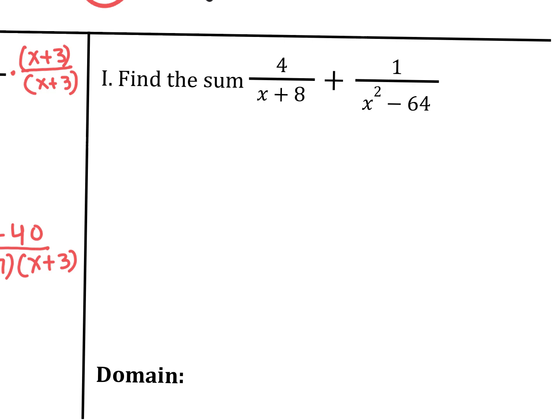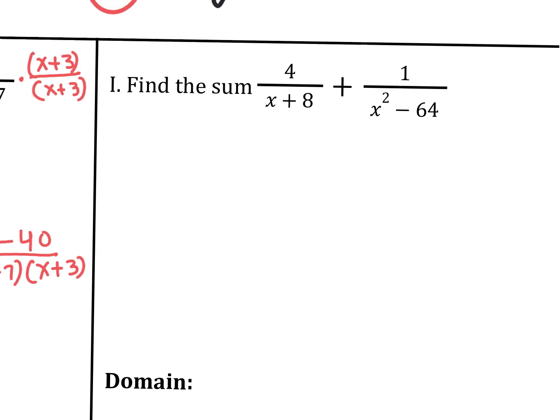Again, to find the sum, we need to make sure the denominator is the same. We have here 4 over x plus 8, plus, change the x squared minus 64 as x plus 8 times x minus 8.